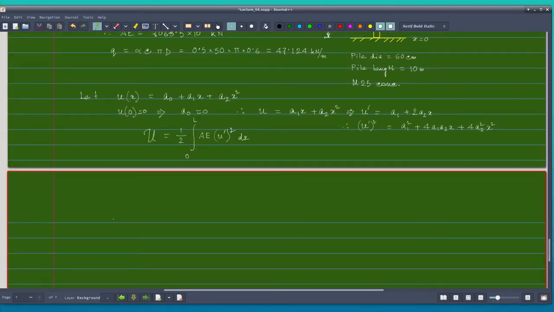Then I get, therefore, potential energy is, since my AE is constant, I will take it out.